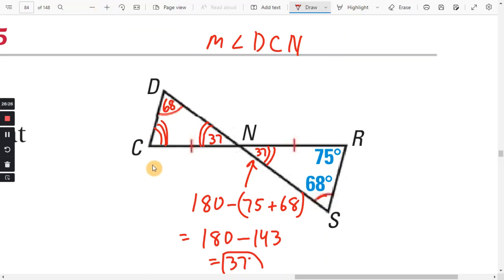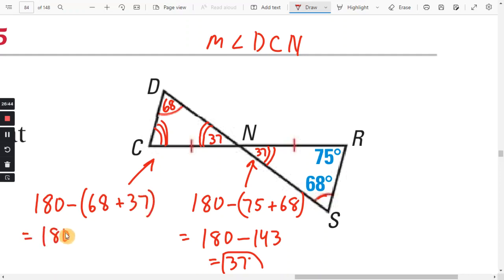I can't zoom in anymore, but that angle right there is going to be 180 minus 68 plus 37. 68 plus 37 is going to be 105, and 180 minus 105 is going to be 75. So this angle right here is 75 degrees.